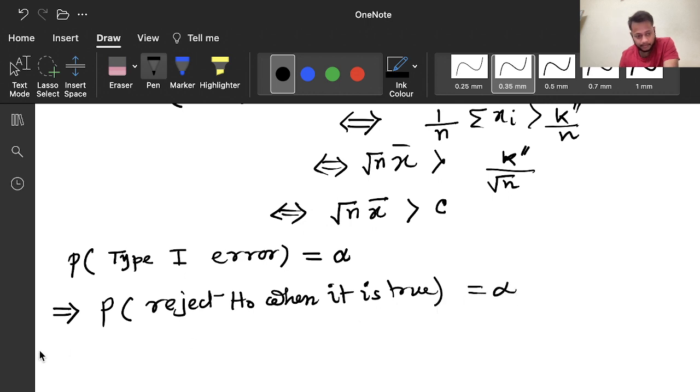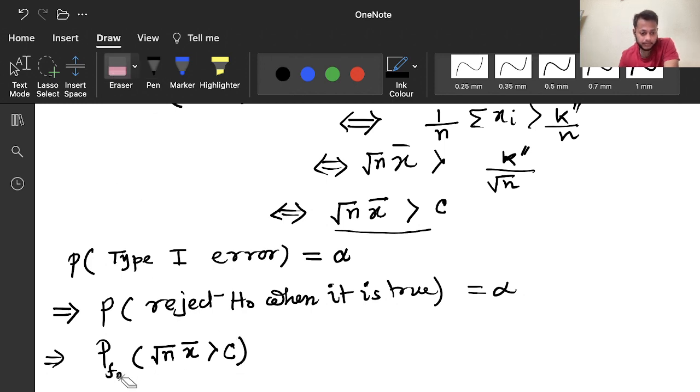That means under the probability distribution F0, we reject the null hypothesis when root n x bar is greater than C. Under the hypothesis H0, this is equal to alpha.